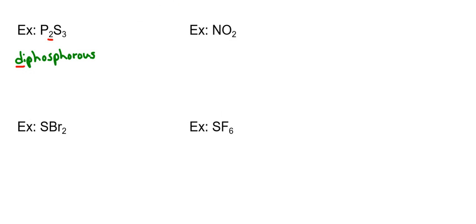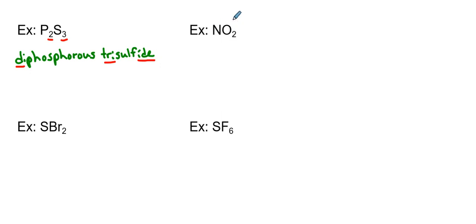And prefix is something that goes at the start of the name. A suffix is something that goes at the end. Then the sulfur is the second element, and there's 3 of them. So that's going to lead to trisulfide, and we still use that ide ending on the second element.